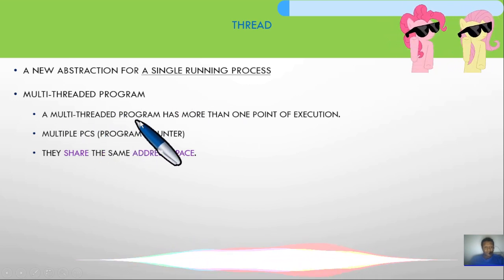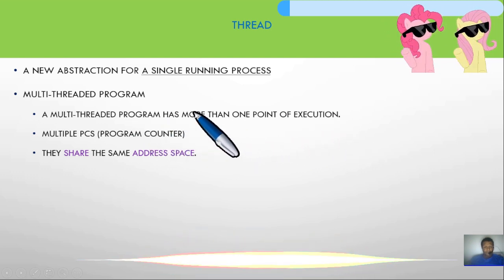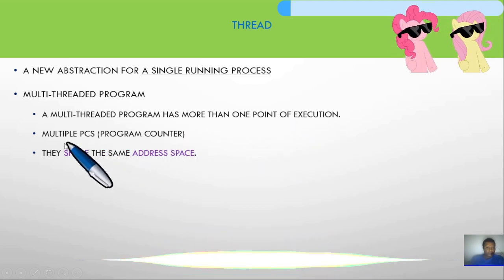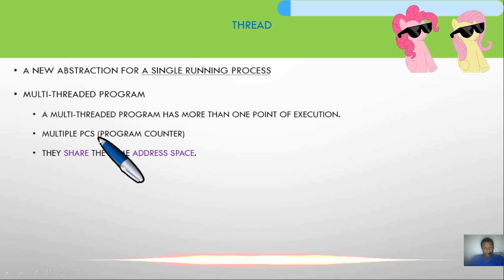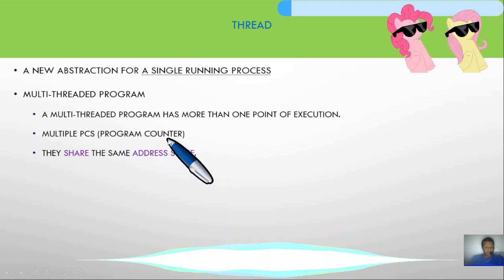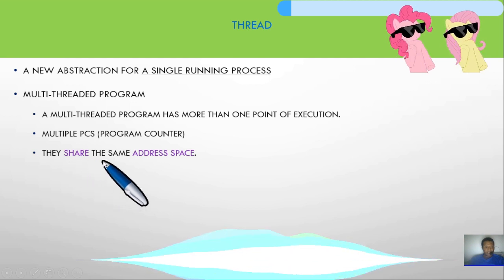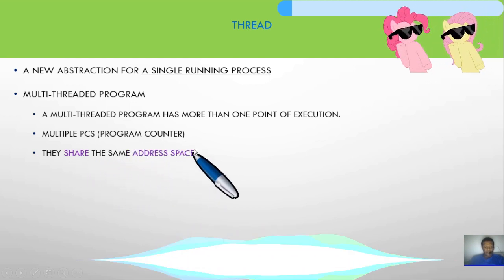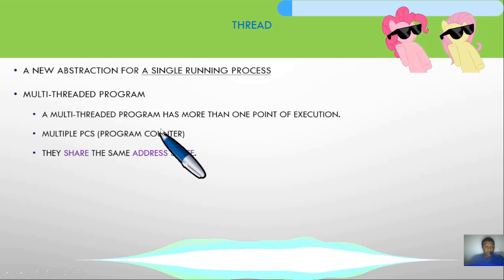The multi-threaded program has more than one point of execution, multiple program counters, and they share the same address space. The issue is that they have the same address space. This is the behavior of a multi-threaded program.